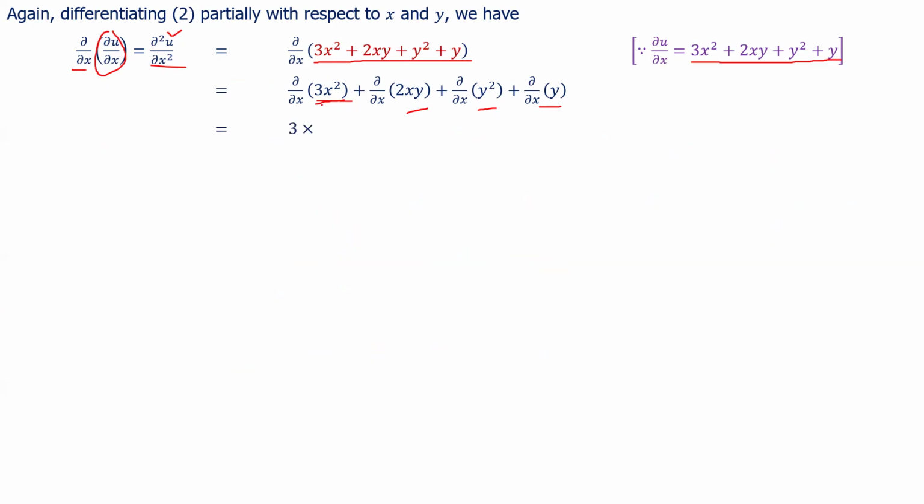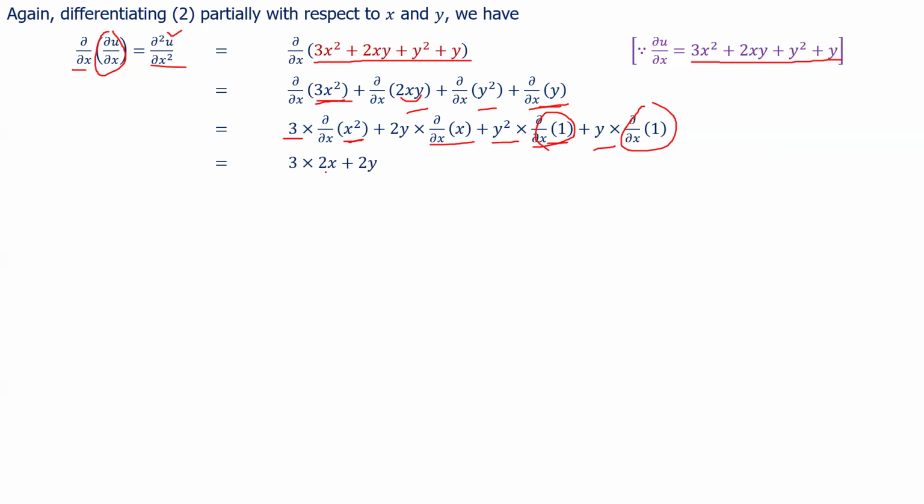Again, the 3 we can take outside, and we write down the partial derivative of x square. Here 2y we can take outside, with the partial derivative of x. Y square we can take outside, with the partial derivative of 1. And we can take y outside again, with the partial derivative of 1. The partial derivative of 1 with respect to x will become 0. And the partial derivative of x square is 2x. The partial derivative of x is 1.